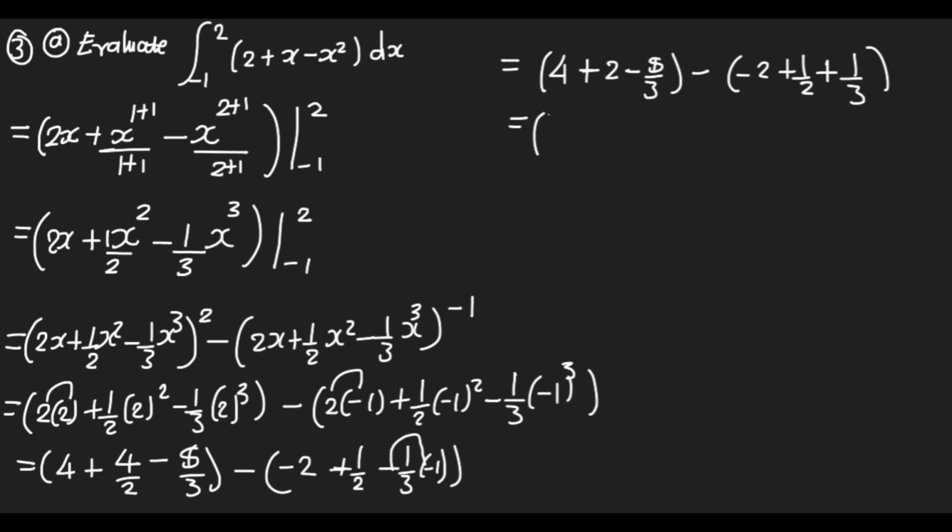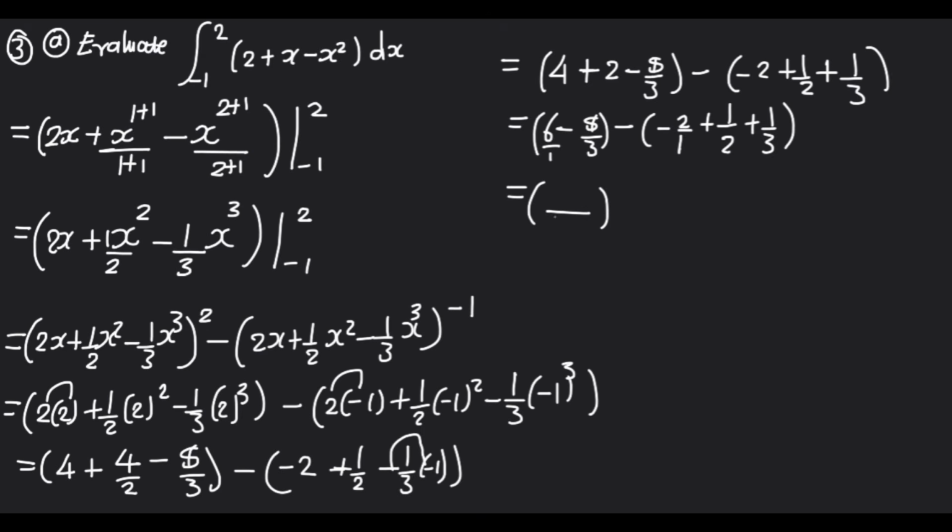So 4 plus 2, here we have 6 minus 8 over 3. Here we can see we have -2, so over 1 plus 1 over 2 plus 1 over 3, since it's a fraction. So over 1, let's look for lowest common denominator.